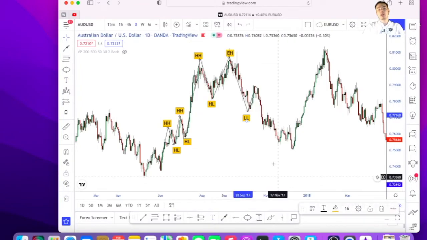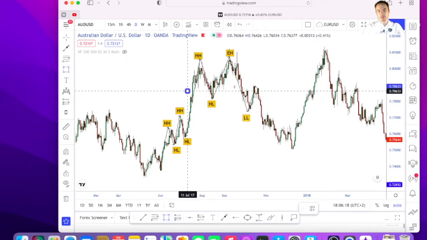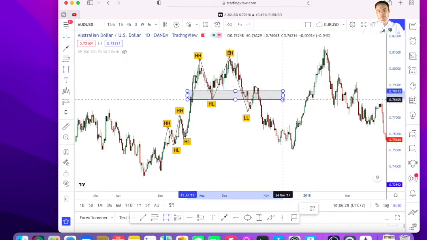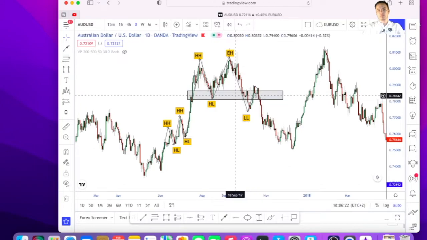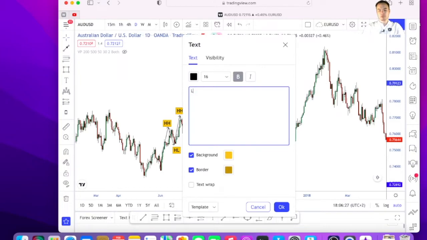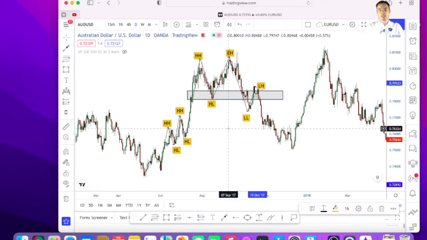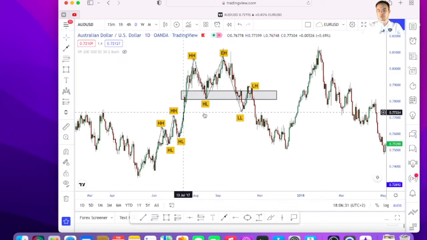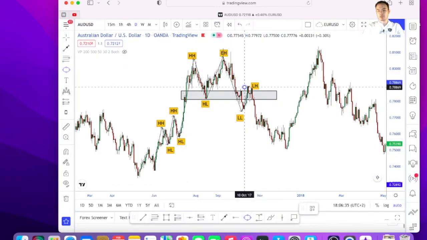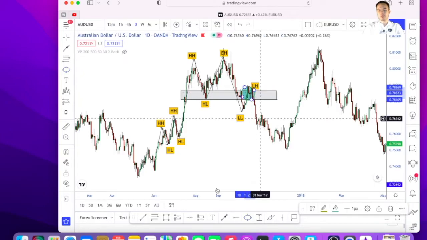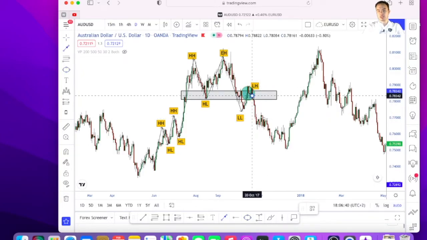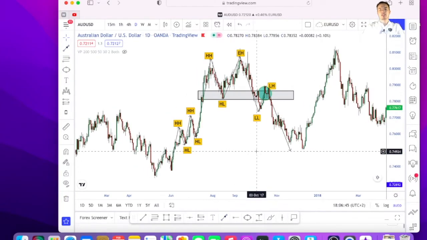So now we wait for this retest up. Look, here's your neckline. So it retested the neckline and formed your lower high. You can put your Fibonacci, put your trend lines, everything. But this is where you would look to sell. As you can see here, you would have profited. So that is a double top.